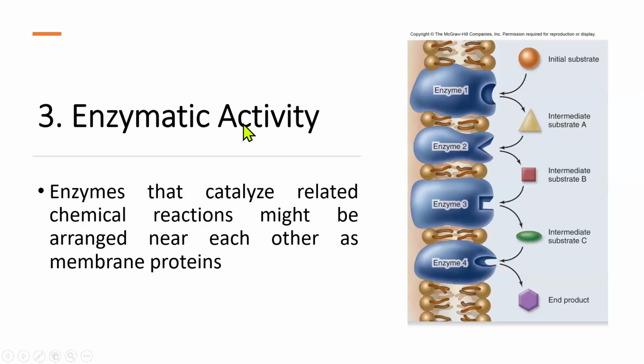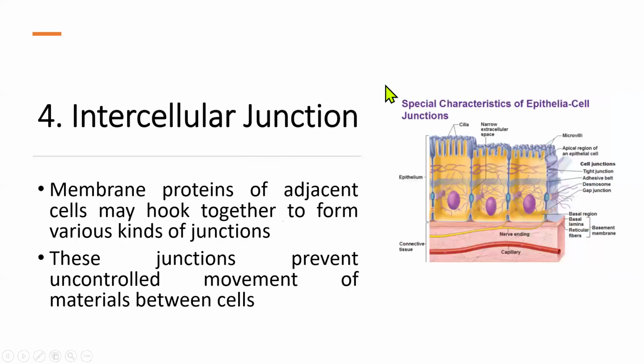Number 4 is something that we've talked about previously. Oh, no, it was another class. So number 4 is an intercellular junction. In various locations of our body, we need to create tight connections between cells. We don't want blood to be leaking out from our blood vessels. We don't want food to be leaking out of our intestinal walls.